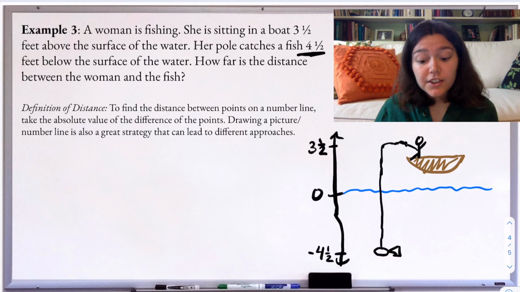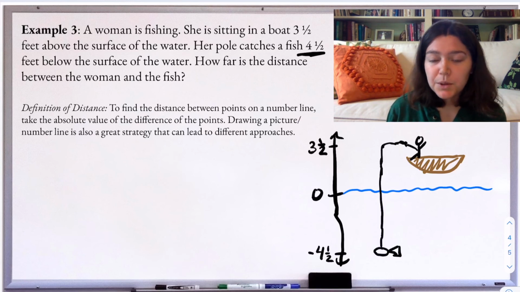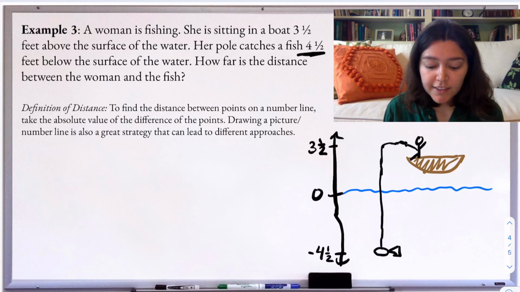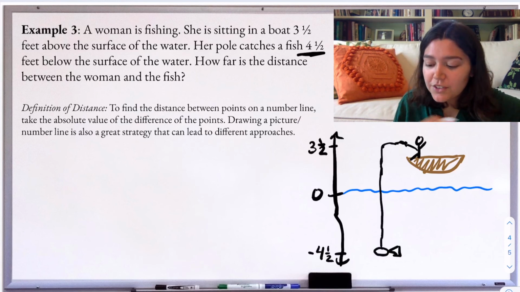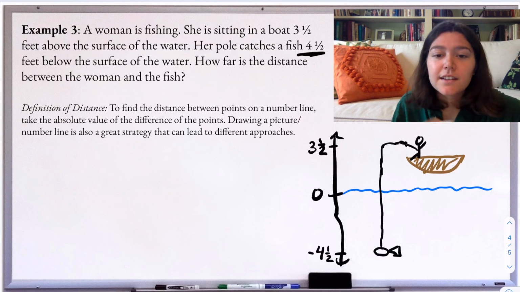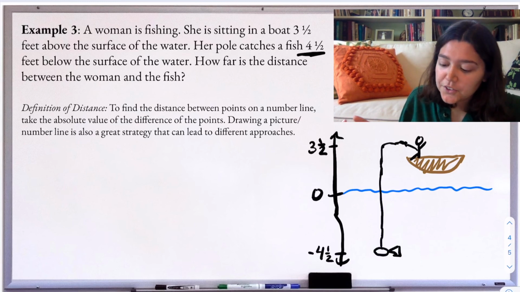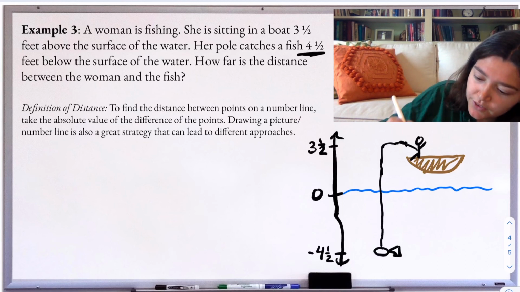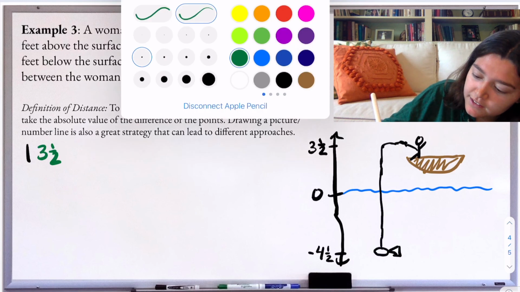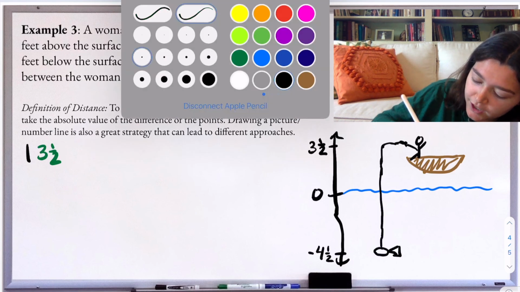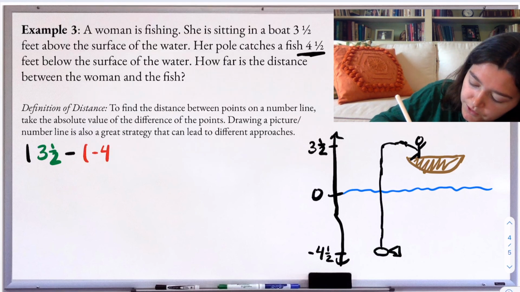Okay, how far is the distance between the woman and the fish? So, definition of distance. To find the distance between points on a number line, take the absolute value of the difference of the points. So we just have to subtract the value of the two numbers and then make it positive. Okay, so we can actually do this in either order. We can either take the absolute value of this positive 3½, and then the difference, again, means we're subtracting -4½.